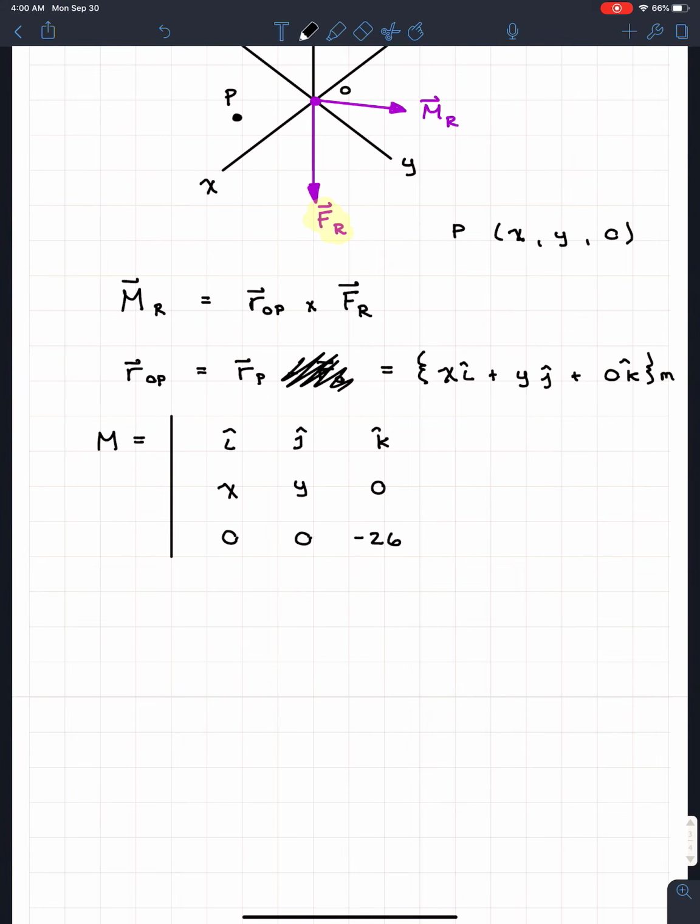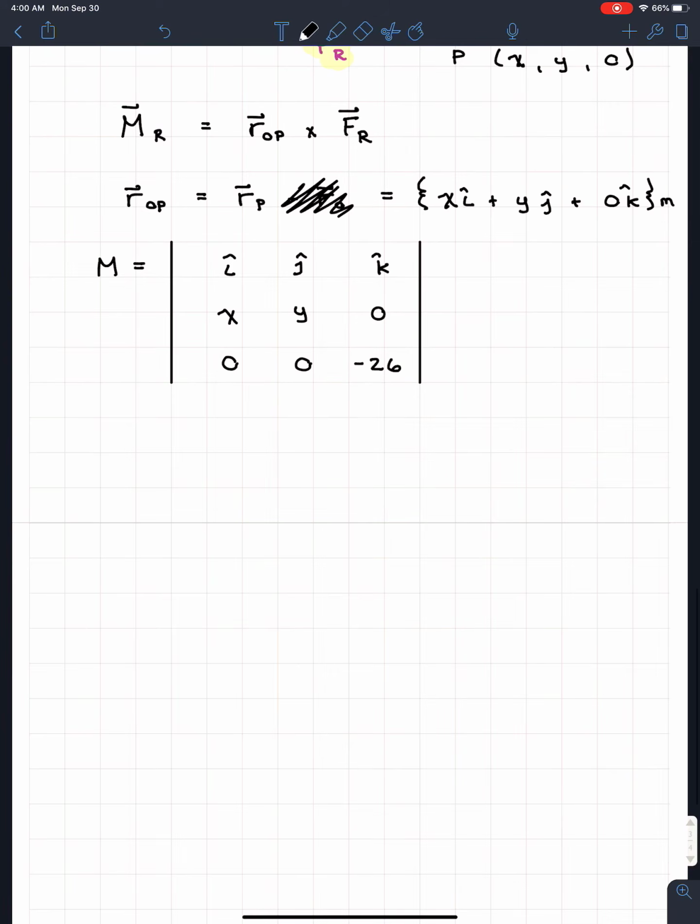As you may guess, this cross product is really nice. A lot of zeros, a lot of stuff just cancels. So it's perfect. All right, so doing this, we're going to get a squiggly bracket, and we'll start with the i component. And we'll see we're going to get negative 26y minus 0. And that's it for the i.